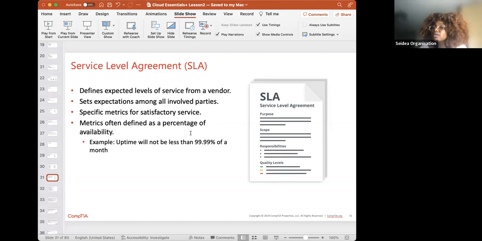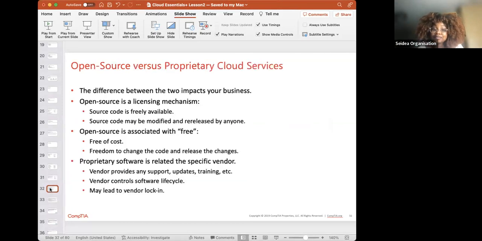These metrics are often defined as a percentage of availability. Remember, last week when we looked at business continuity and disaster recovery, we talked about the five nines, which means uptime will not be less than 99.999% of the month. You need that as part of the metrics. That is a quantified metric that you're expecting your vendor to be able to provide.